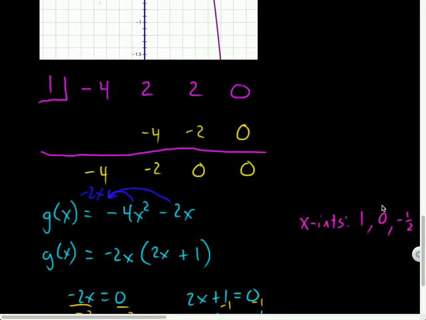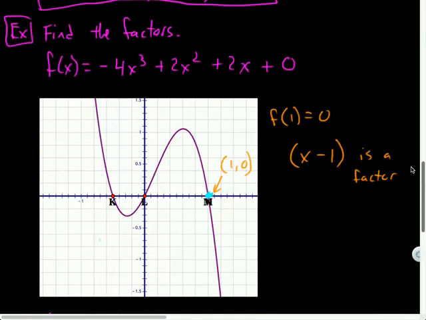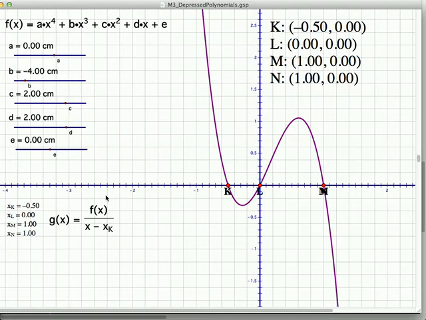And notice that my x-intercepts, 0 and -1/2, are in fact where those cross. And if I actually wanted to graph my depressed polynomial, I think I can graph this again. Bam. Oh, wait a minute. What? Oh, the issue here is that this is the depressed polynomial where I started with k as the point that I knew.